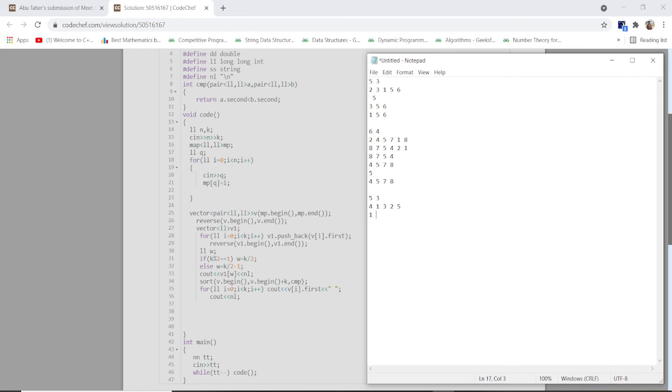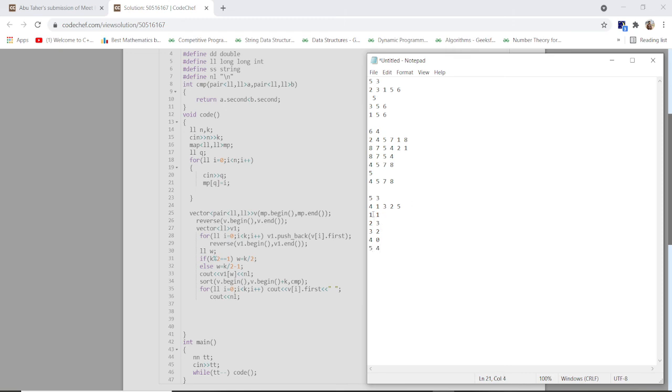1 becomes 1, 2 becomes 3, and 3 becomes 2, and 4 stores 0, and 5 stores 4.